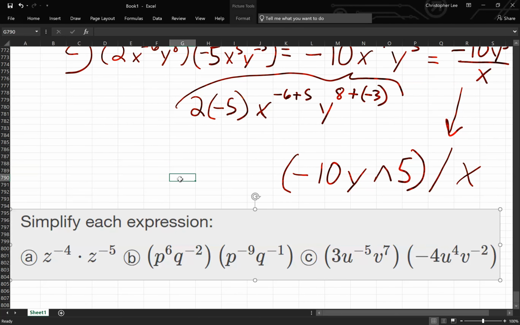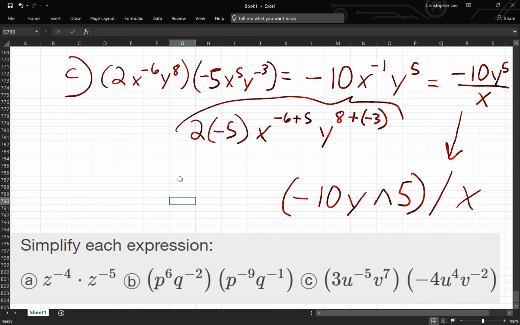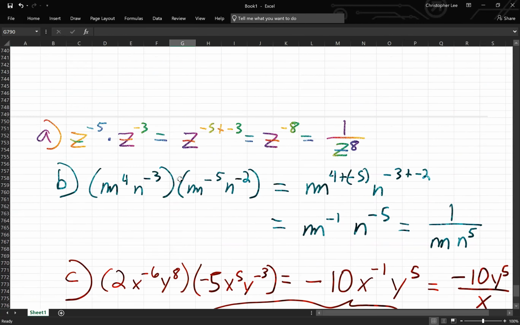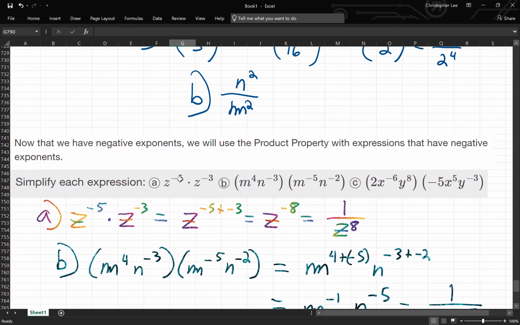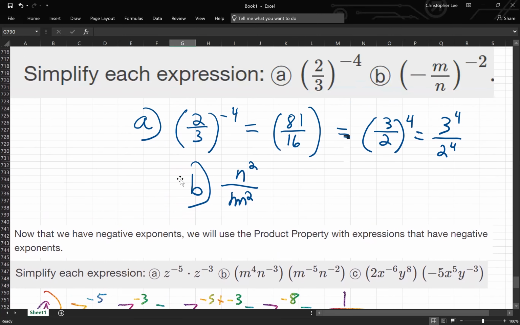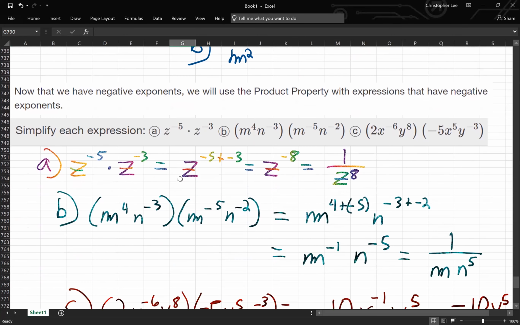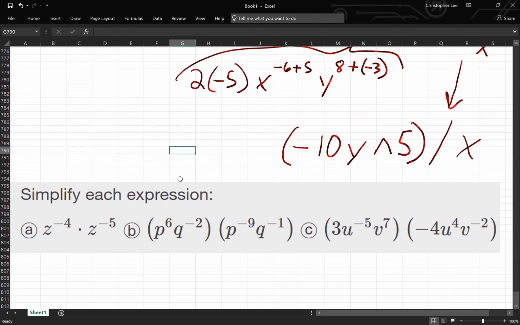How did you get the n squared over m squared? That was the previous question? Yeah, so what's happening in that question, right?